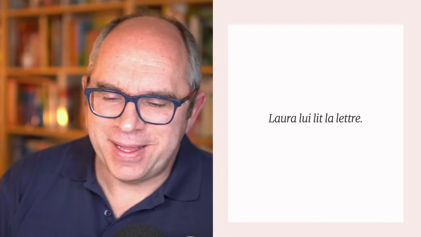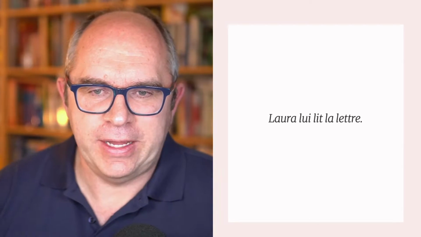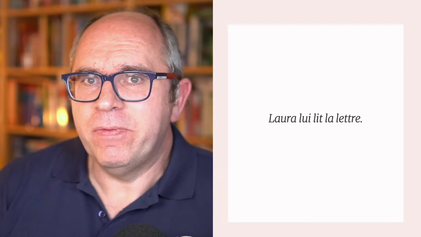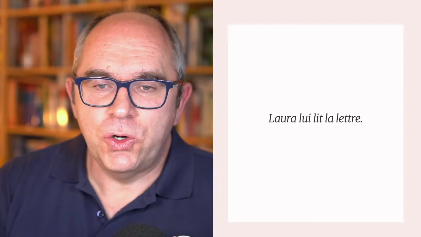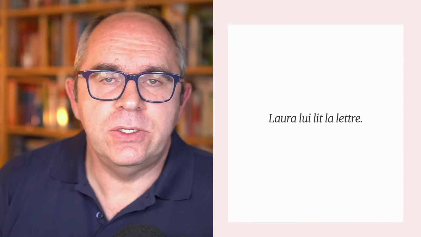Now, lui, I think it's tricky because there are lots of little words in French. And some of them are quite similar. So lui means to him or indeed to her. Here's an example. J'ai raconté une histoire à Louise. So j'ai raconté, I told, une histoire, a story, à Louise, to Louise.